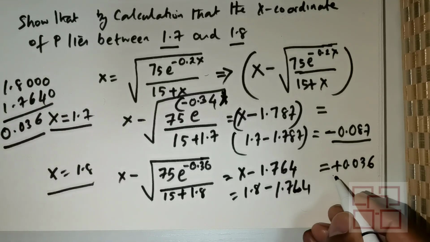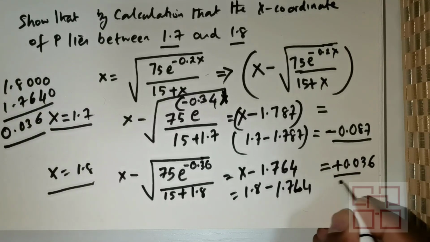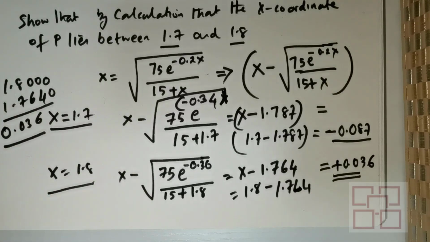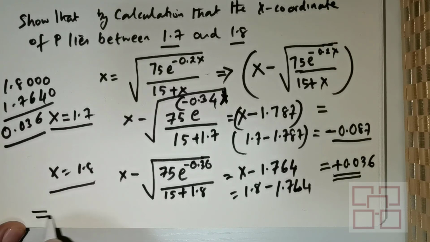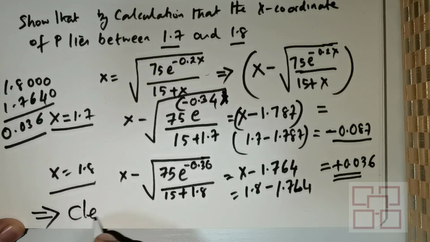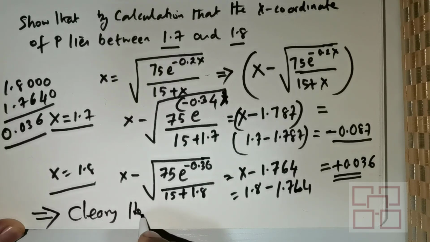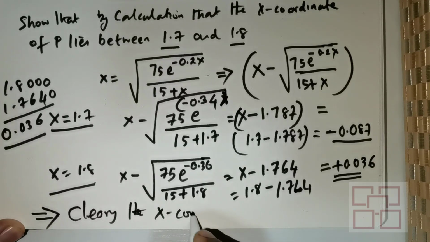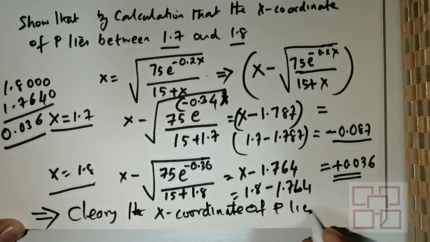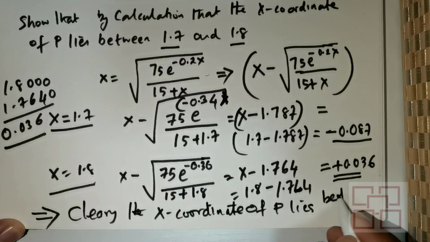The most important observation here is a positive sign. Here is a negative sign. So this implies, without any doubt, clearly, this is the conclusion you need to write: the x-coordinate of P lies between 1.7 and 1.8.